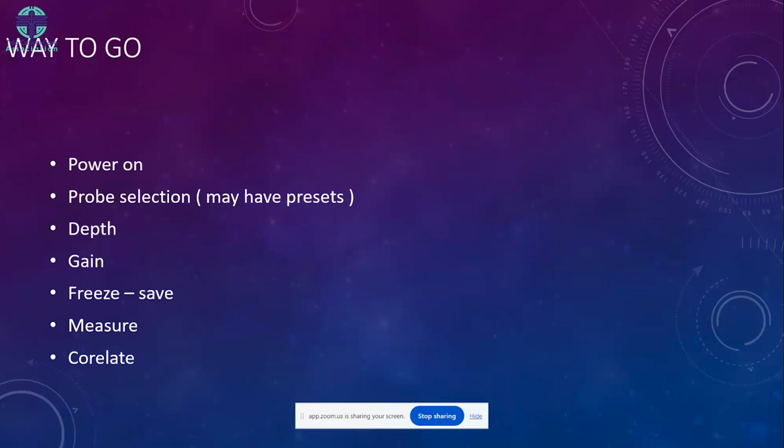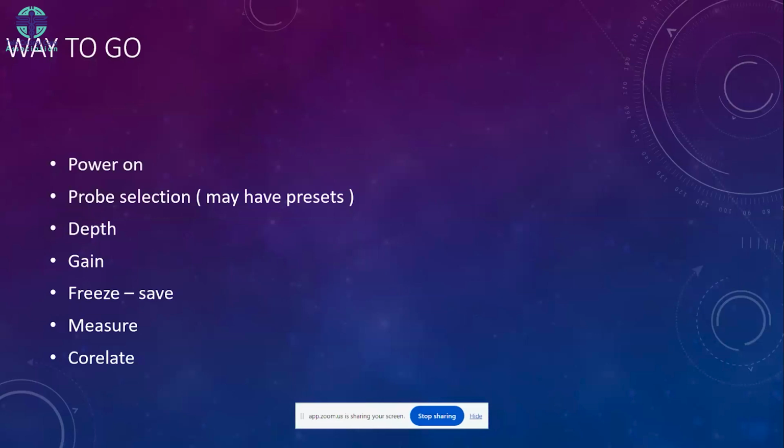Then once you've kept the probe on the patient to visualize a particular tissue, now you have to adjust the depth till which you have to basically visualize your organ. So here comes the use of your knobology, wherein you can use the depth knob to set the length of screen that you want.